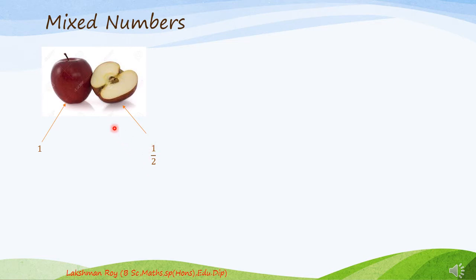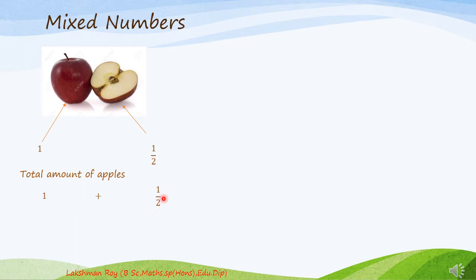Now I want to write the total quantity of the apples. So how do we write the total amount of apples here? You have to add this one and this fraction together. Now how do we write this whole number and this fraction?